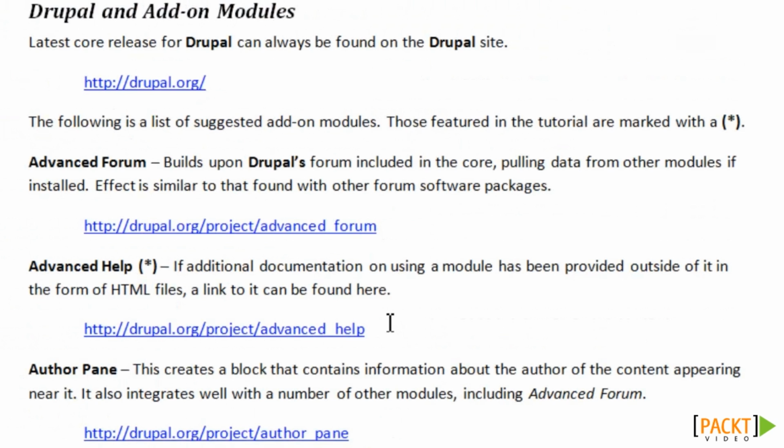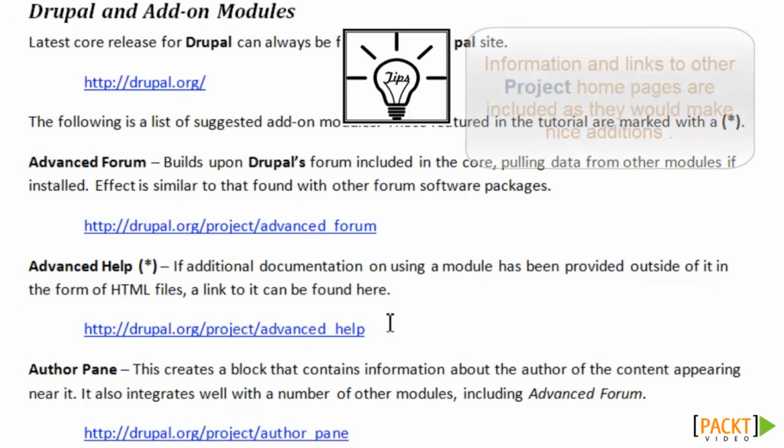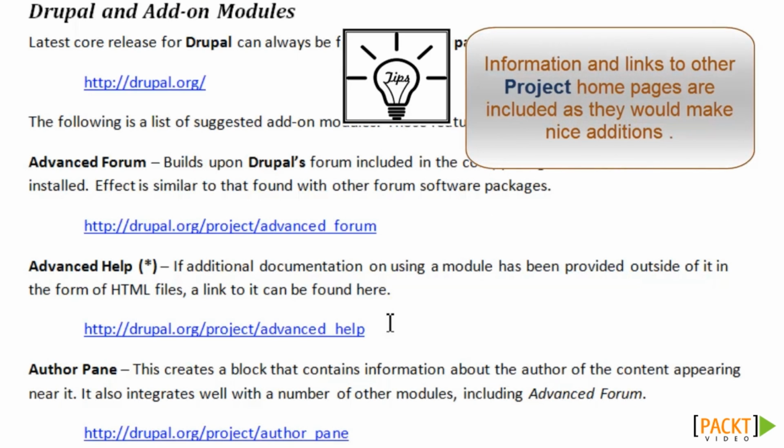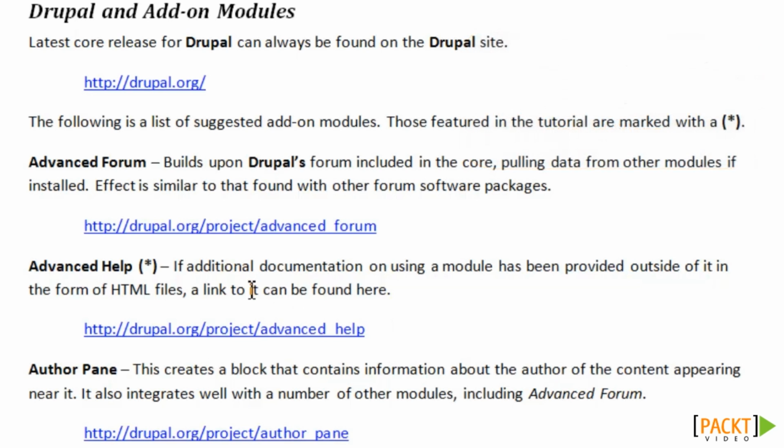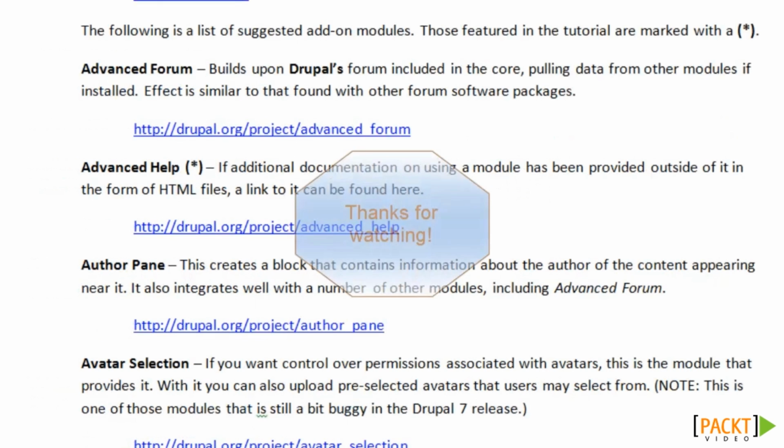And then the next section, which is probably the longest of the whole resource list, begins, of course, with just a link to the Drupal site itself and a number of project home pages. Those with a star, such as this one, are those you're going to see me demonstrating as part of these tutorials. That's it for this video, and thanks for watching.